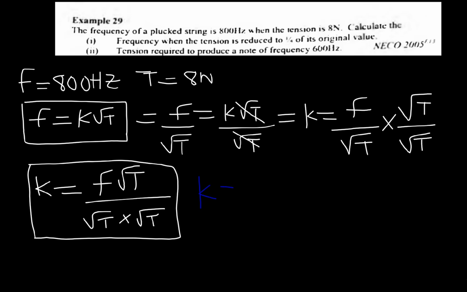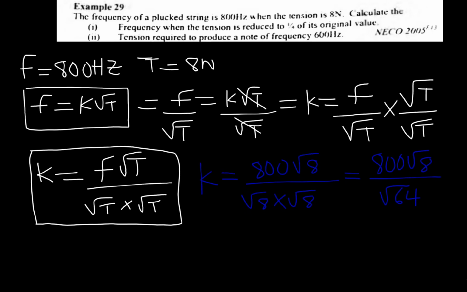So k equals, our f was given to be 800. The root of T is the square root of 8, over the square root of 8 times the square root of 8. What will happen here is 800 times root 8, while the square root of 8 times the square root of 8 will give the square root of 64.